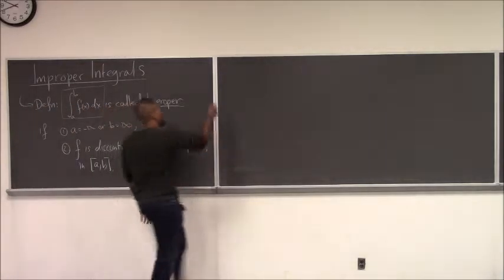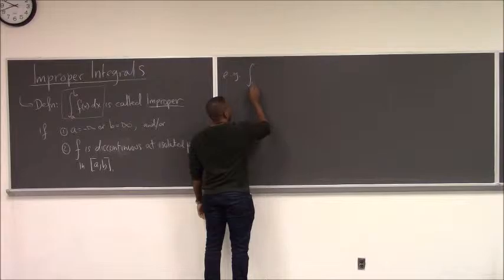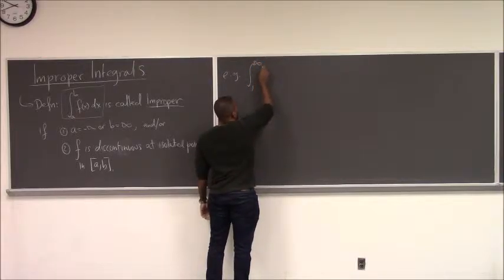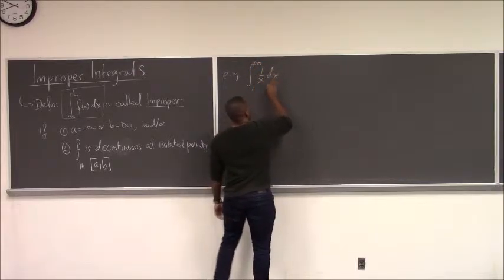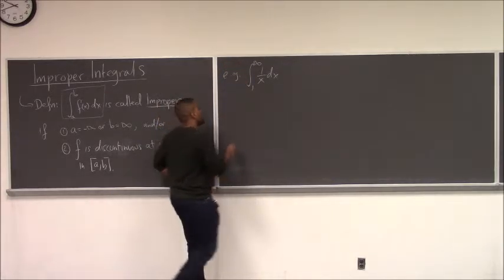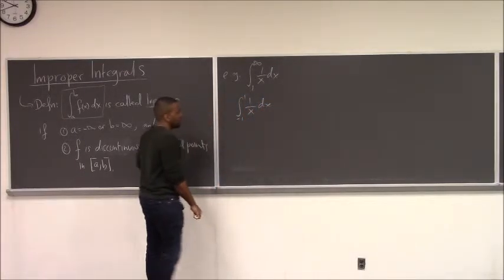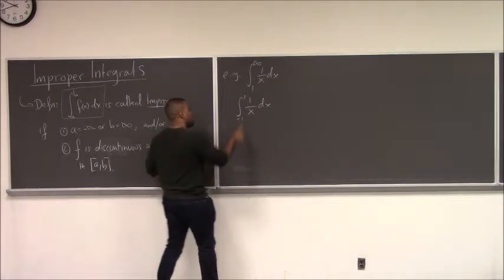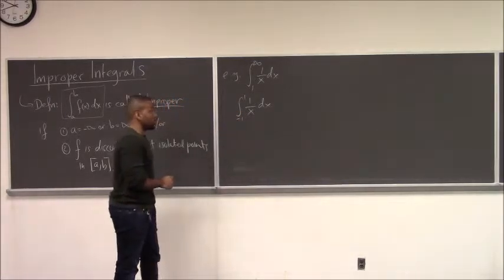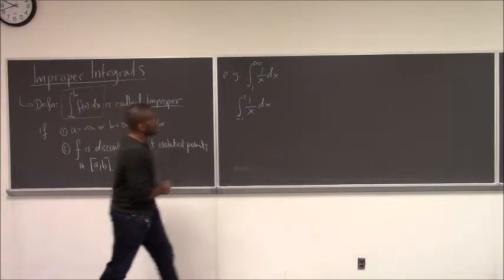So, example. The integral from 1 to infinity of 1 over x is improper. Why? Because there's an infinity in the limit. It's also true that the integral from -1 to 1 of 1 over x is improper because the function 1 over x is undefined at 0, and 0 is in that interval.